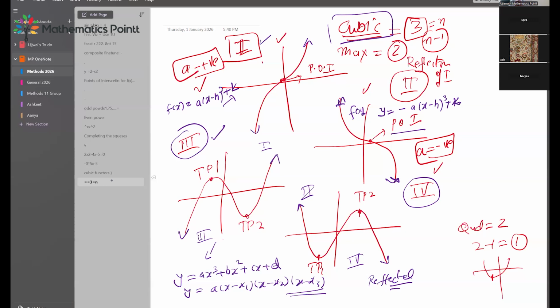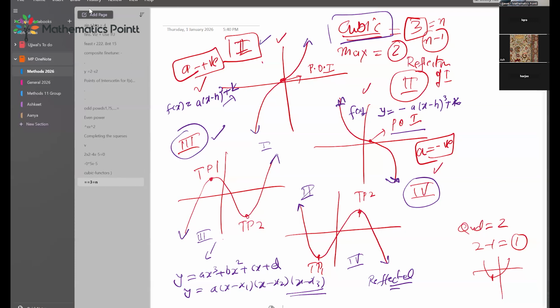So that's in a nutshell what a cubic function is, how they look, how they behave when they're reflected, and what their general forms are. Is this sort of making sense? Yes or no so far? Yep. Yeah. Cool. All right.